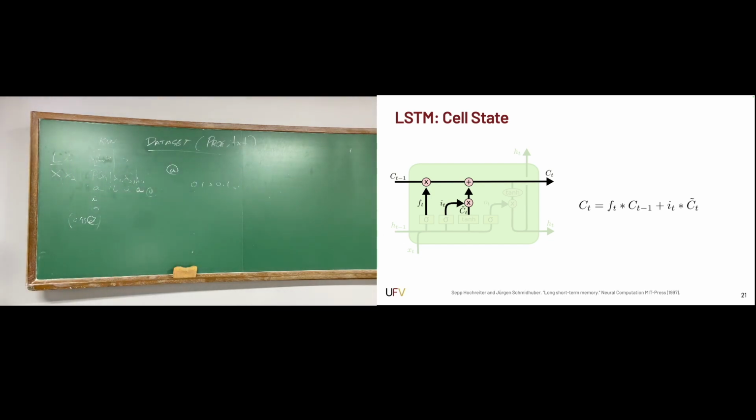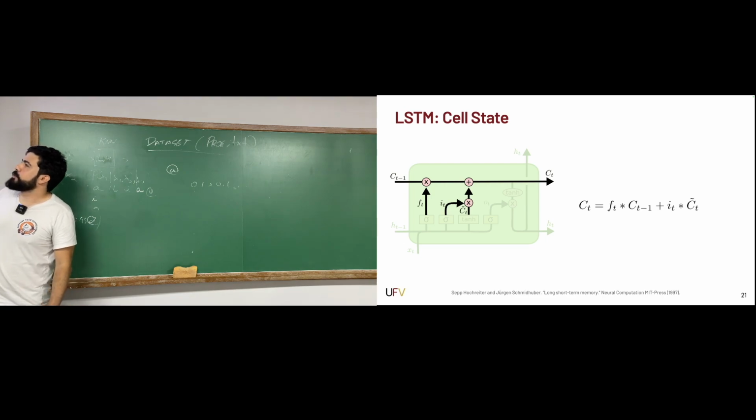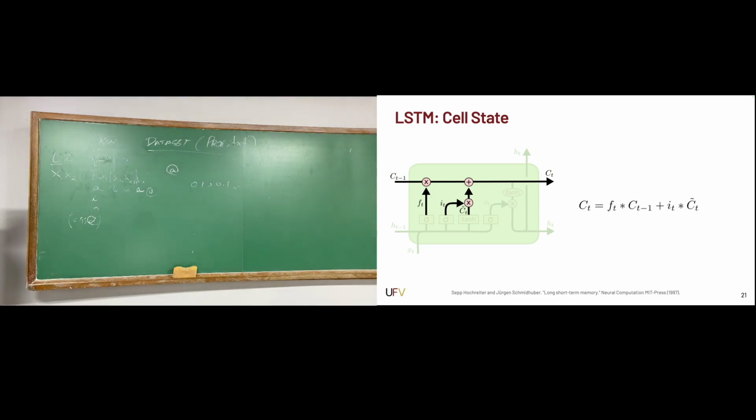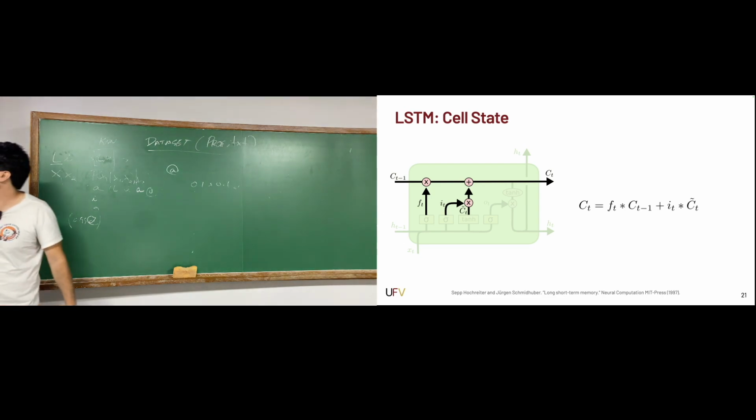But this C state is flowing through the hidden layer without much computation. So this C_t is a result of multiplying C_{t-1}, which is the previous C state, times the forget gate plus the input gate times the candidate.